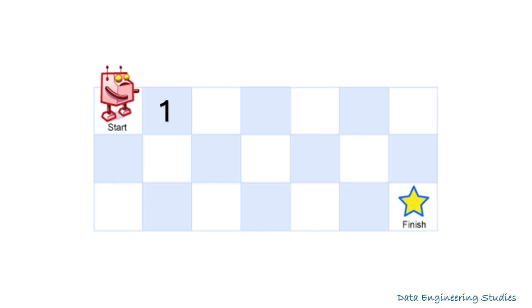That is, our robot can move to the right. If our final destination is any of the cells in the first row, there is only one path. Similarly, if our final destination is any of the cells in the first column, we will have only one possible path.